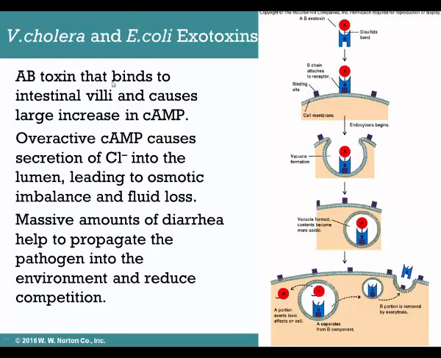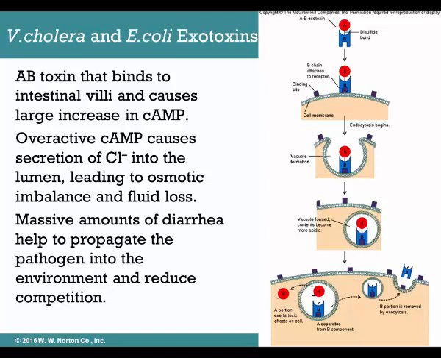In the case of Vibrio cholera and E. coli exotoxins that have the AB form, in the case of Vibrio cholera, this one is again a 5 subunit. Only one of the 5 is shown here in this figure, but it's 1 subunit of A, 5 of B. Those B subunits bind specifically to a receptor on the intestinal epithelia.